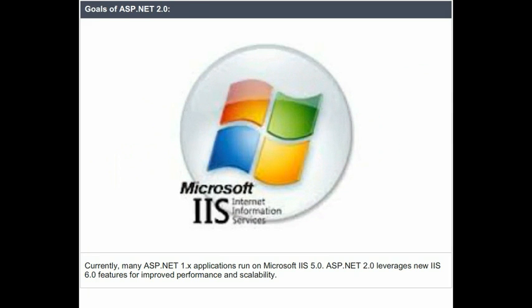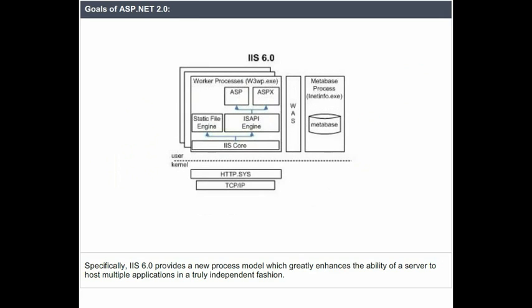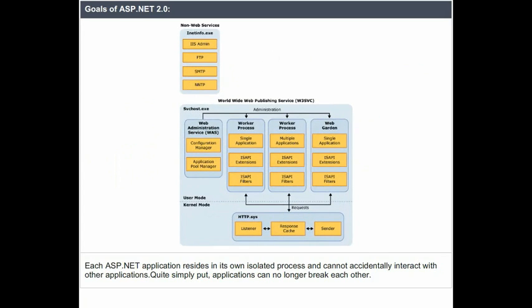Currently, many ASP.NET 1.x applications run on Microsoft IIS 5.0. ASP.NET 2.0 leverages new IIS 6.0 features for improved performance and scalability. Specifically, IIS 6.0 provides a new process model which greatly enhances the ability of a server to host multiple applications in a truly independent fashion.